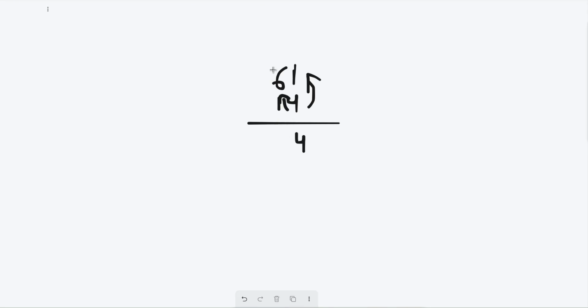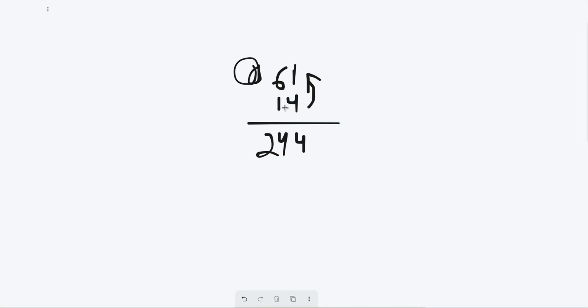Is 6 the last number on the top? Yes, it is. There's nothing there. So 4 times 6, 24. So 24. I wrote over the 1. Let me just erase that arrow. Yep. So now we have the 1.